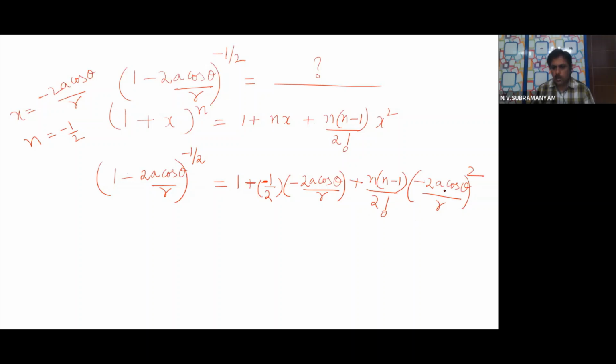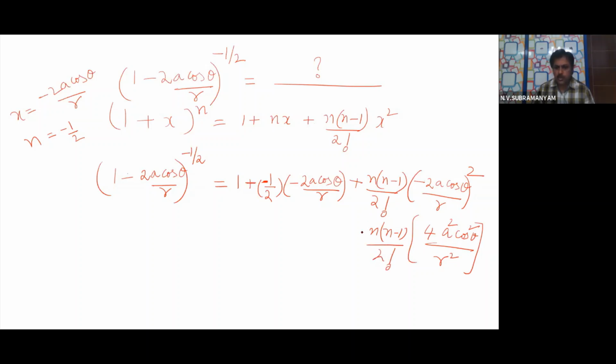What is this whole square term? Can you guess? It will become 4a square cos square theta by r square into n into n minus 1 by 2 factorial.